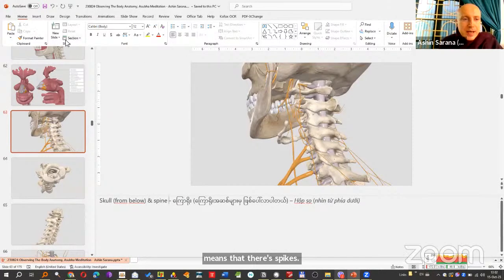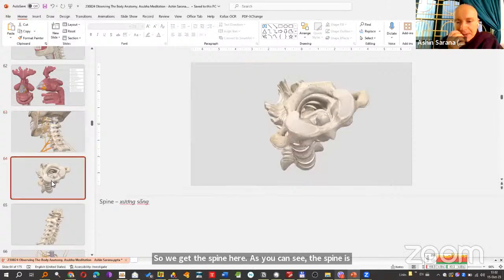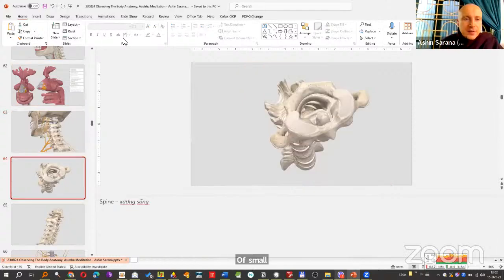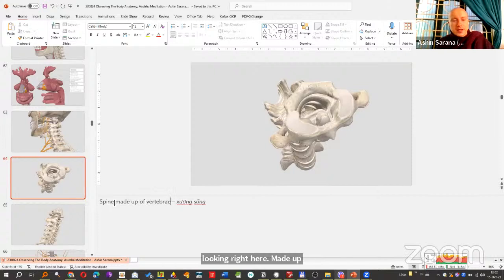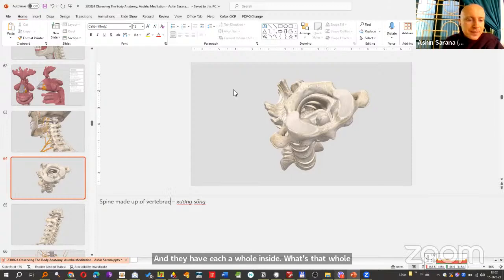As you can see, the spine is made up of small pieces called vertebrae. You can write here, made up of vertebrae. And they have each a hole inside. What's that hole for? Well, it's there for the spinal cord.